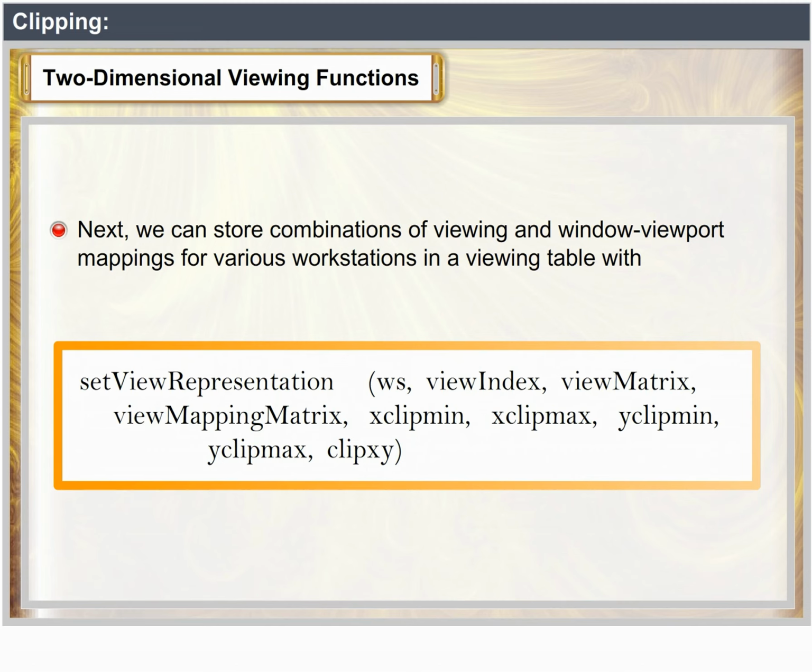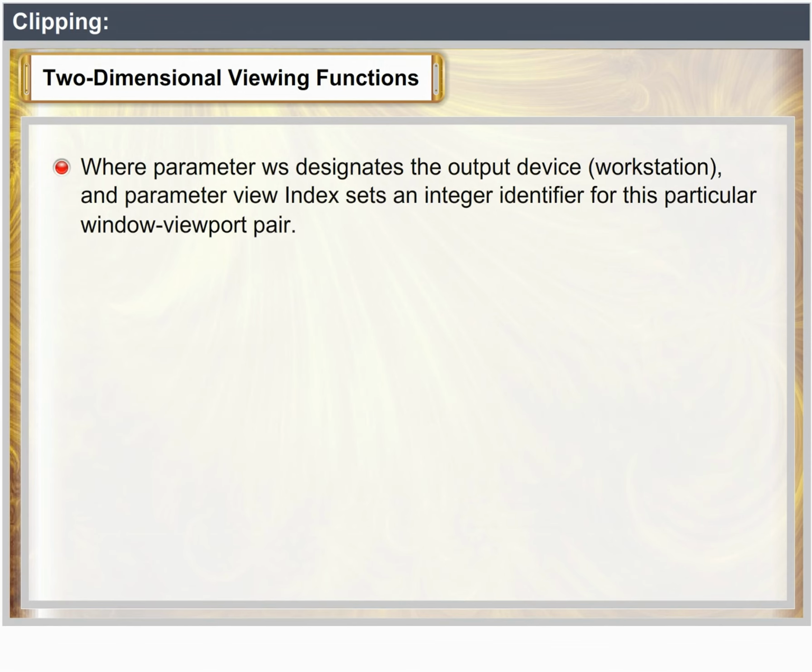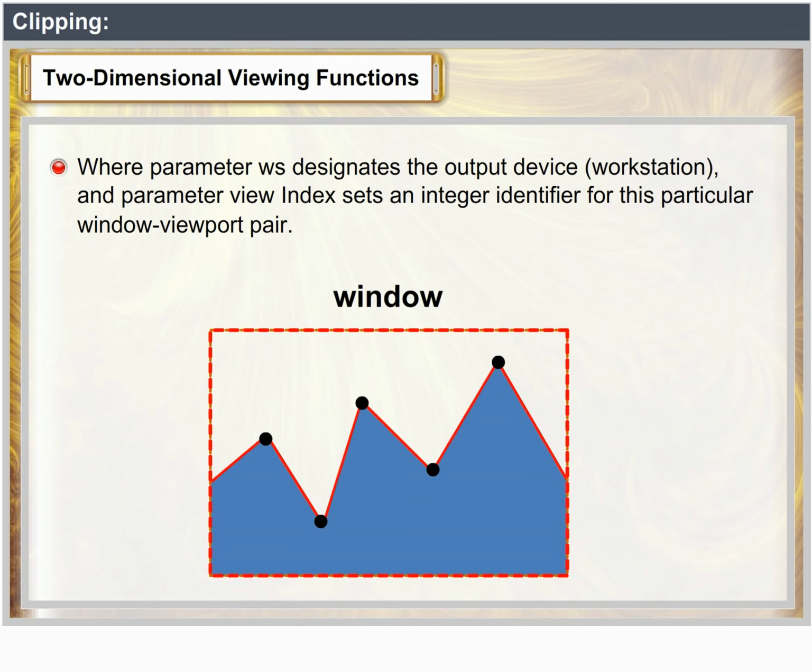Next, we can store combinations of viewing and window viewport mappings for various workstations in a viewing table with the code shown here, where parameter ws designates the output device workstation and parameter viewIndex sets an integer identifier for this particular window viewport pair.